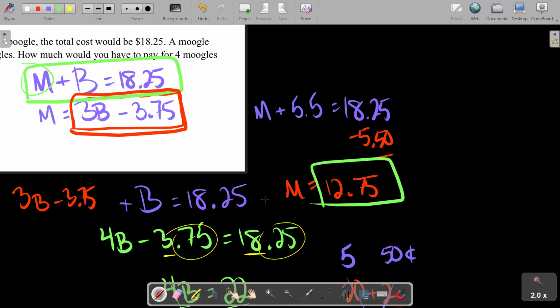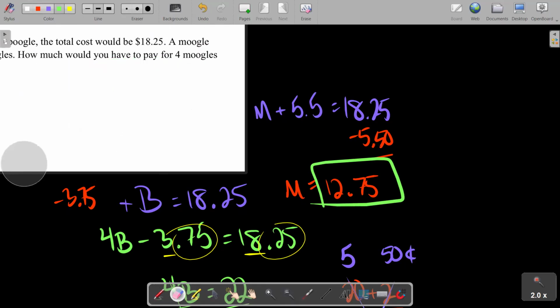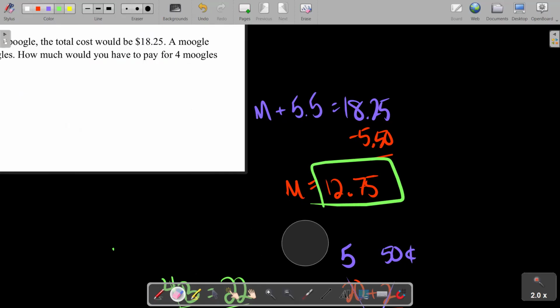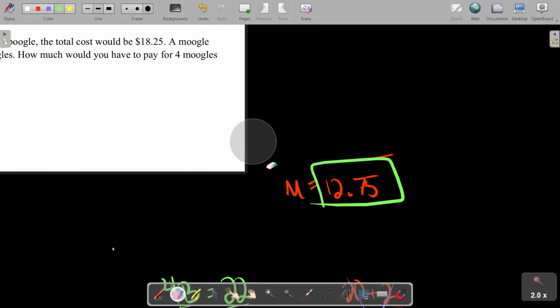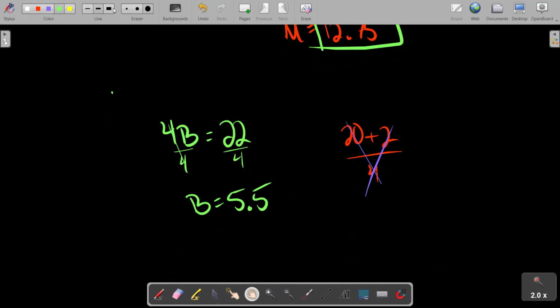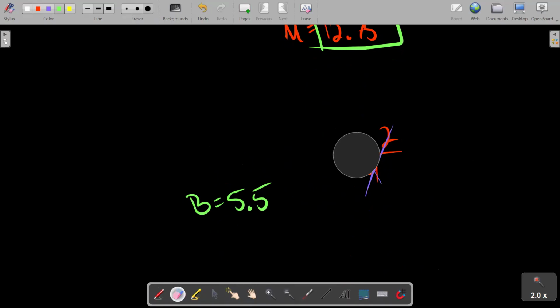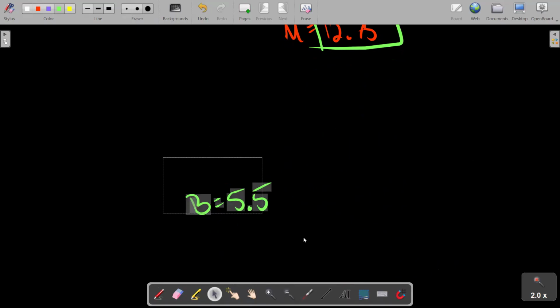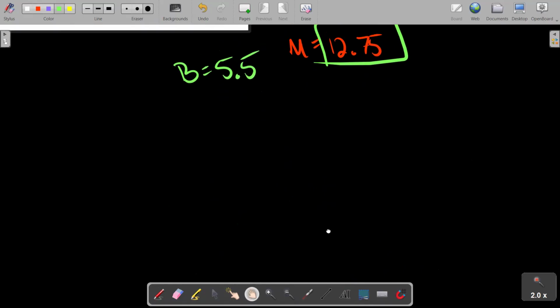Fantastic. So now we have to answer the question. And the question is, how much would it cost if we were to buy 4 of these and 6 of these? And so I'm going to erase a whole lot of stuff from my board right now. In fact, I'm going to erase everything except the 2 things that I care about.